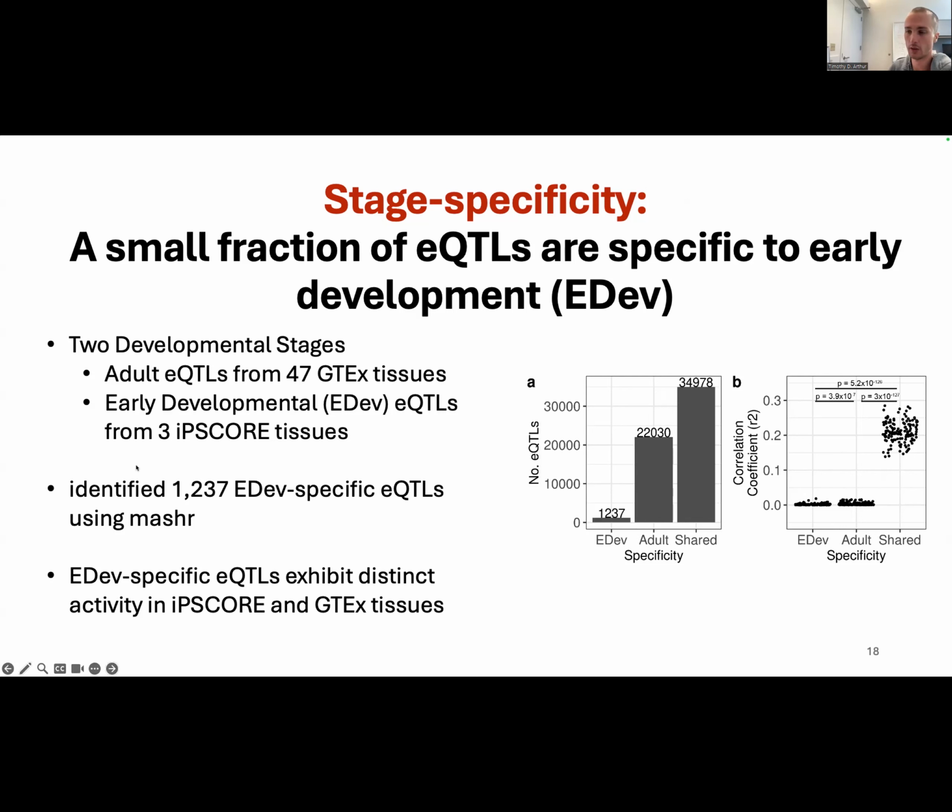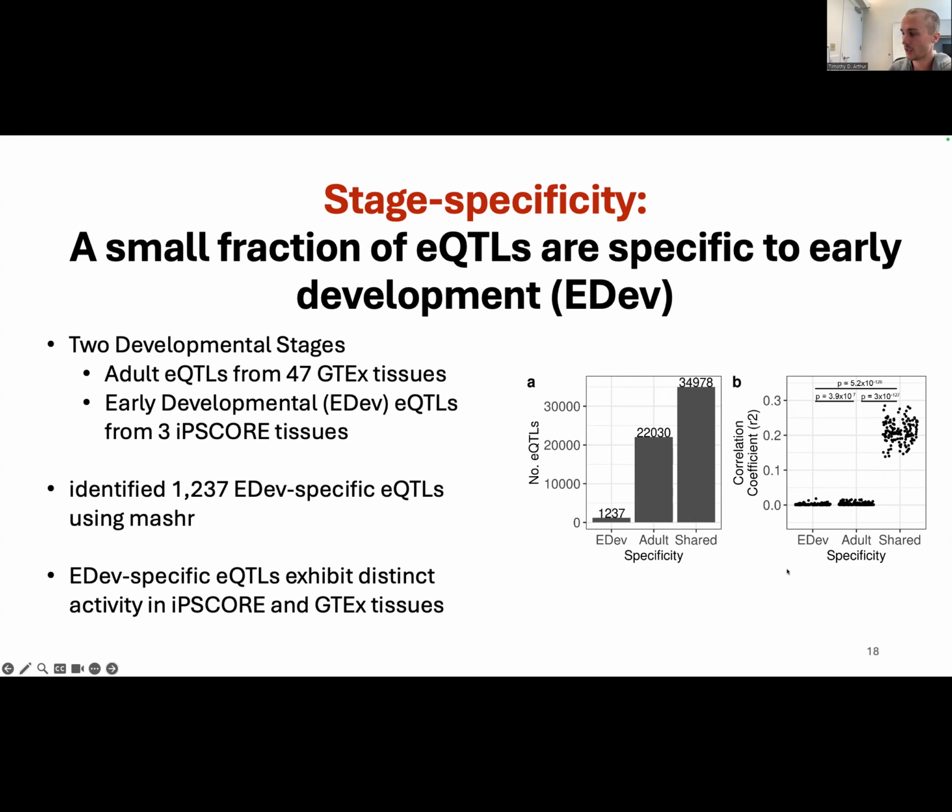We applied MASH-R, which is a tool that is typically used for identifying cell type specificity of regulatory variation, to about 100,000 eQTLs from these two databases, and identified 1,237 EDEV-specific eQTLs, which is just a small fraction of all of the eQTLs that we've discovered in our study. The vast majority of the eQTLs that we found were shared between the adult stage and the early developmental stage.